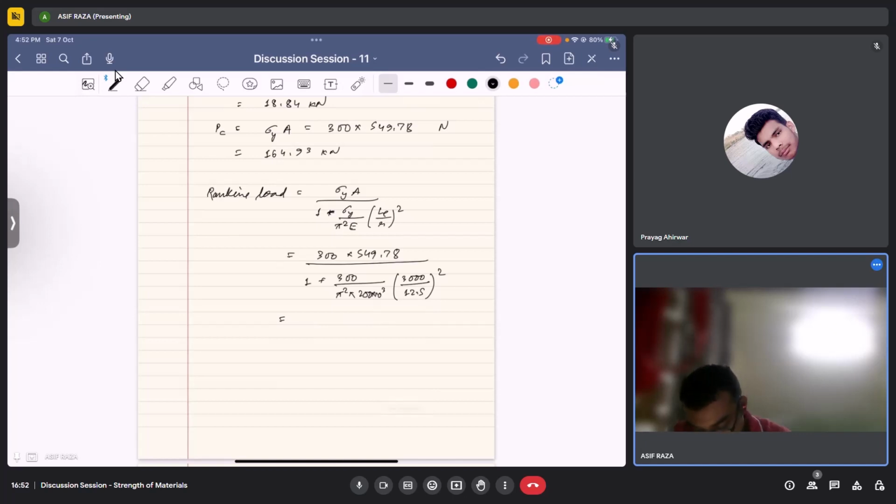This comes around 16909 Newton. Thus I can write 16.9 kilonewton.